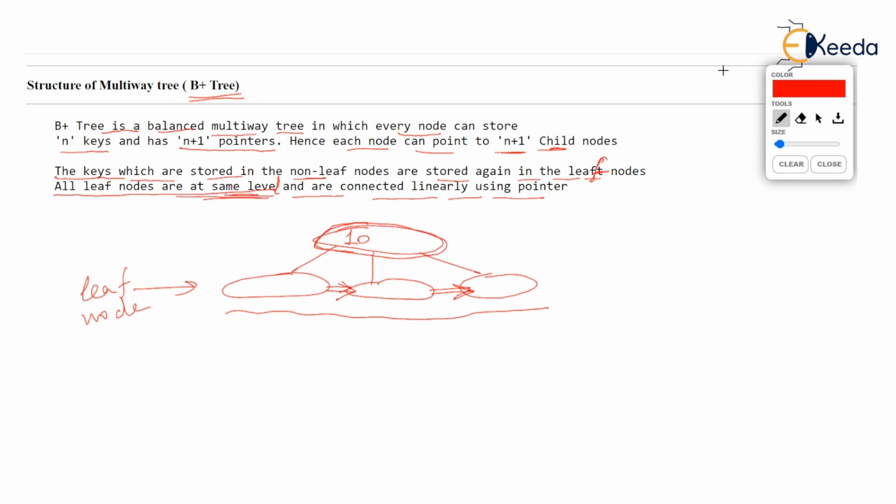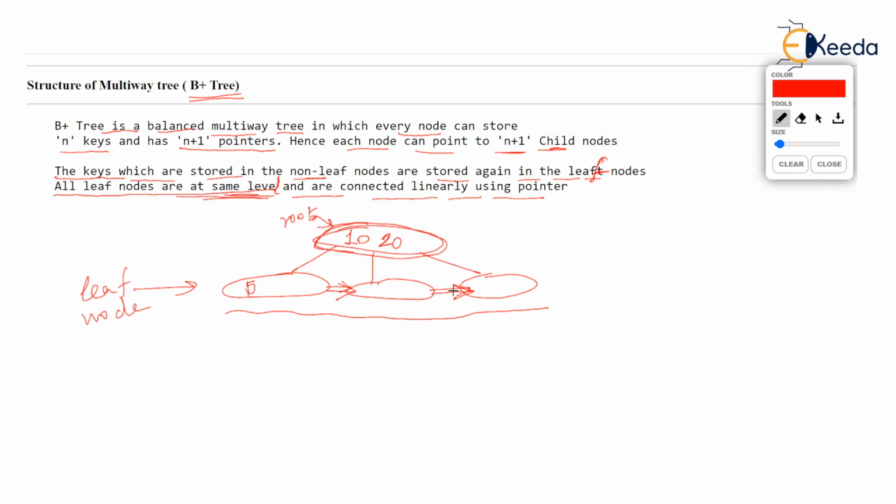Now in which leaf node this 10 will appear? This decision is made by the programmer. Or let's say this root node is having 20. You know one node can store multiple keys. Suppose the root node, which is a non-leaf node, is having a value 20. Then 20 will be stored again in one of the leaf nodes. But suppose we have a value like, let's say 5. I'm so sorry.